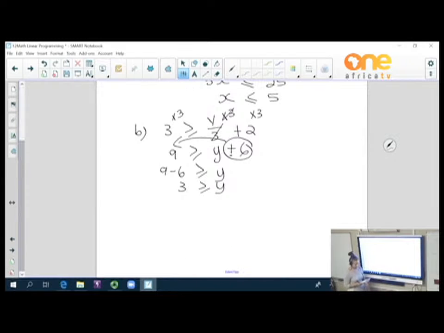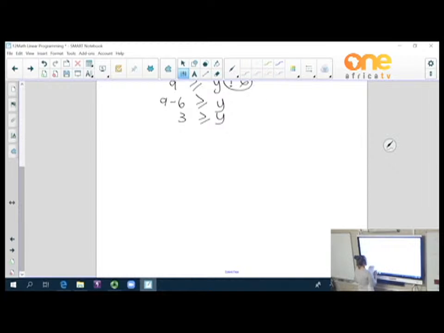Number 1, B. Then for number 2, they ask you to find the range of the values for number A and number B. So let's look at 2A. 7 is less than 4y minus 1 is less than or equal to 15.